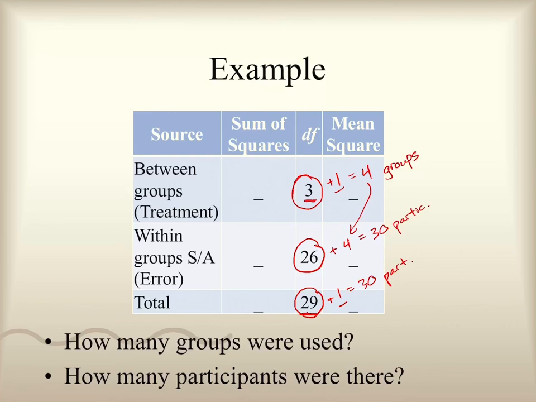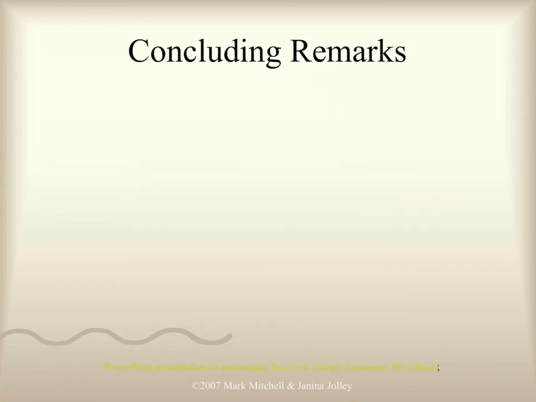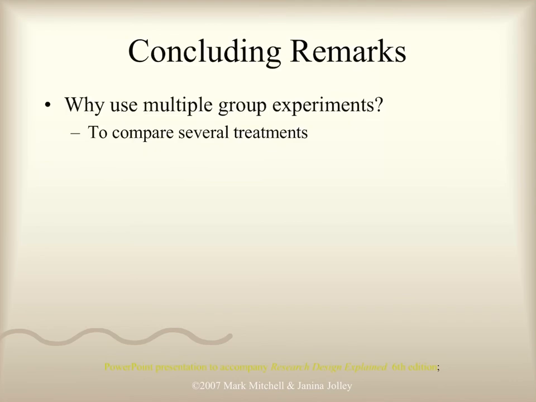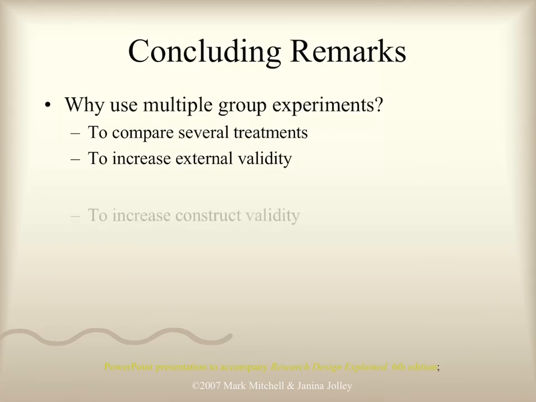Okay, so the last concluding remark that I just want to say is why is it that we would use multiple groups experiments? Well, one, if we want to compare multiple different treatments to one another, so drug A versus drug B. Sometimes we want to do it to increase external validity. We want to give a drug in a hospital setting and a drug in a doctor's office and a drug that you receive through the mail and see if they all work equally well.